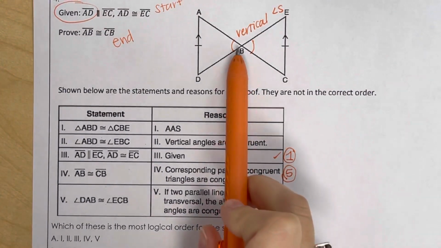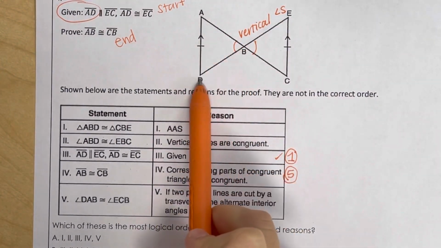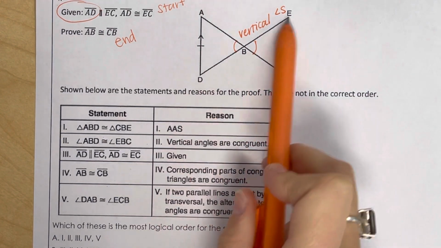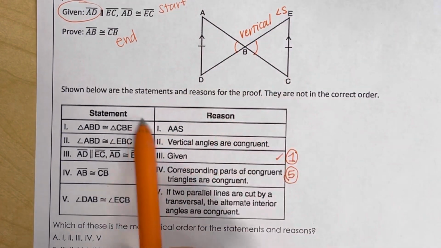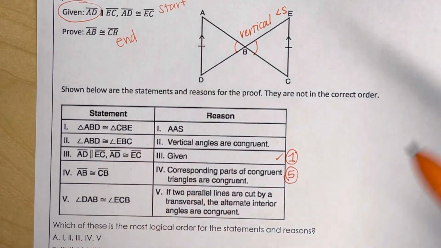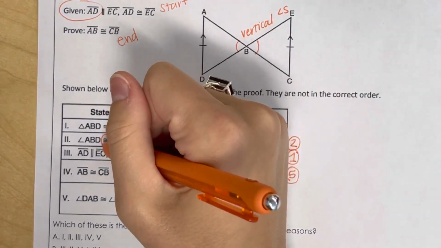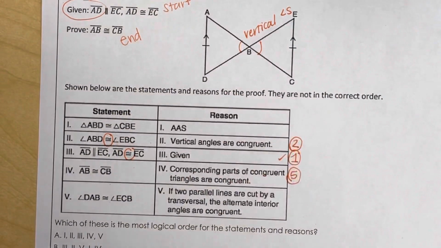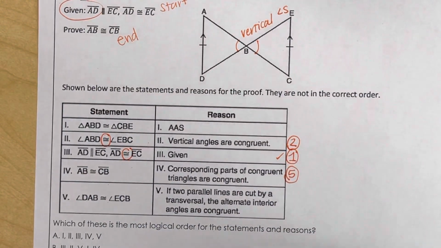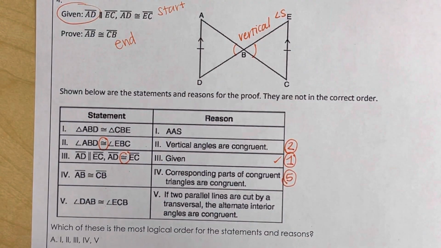So I'm going to find the statement that says angle ABD is congruent to angle EBC, which I see, boom, right here. So this is my second step. And there's my 1, 2 congruent symbols. Remember, we need 3 congruent symbols to prove the triangles are congruent. So I need one more piece of information.